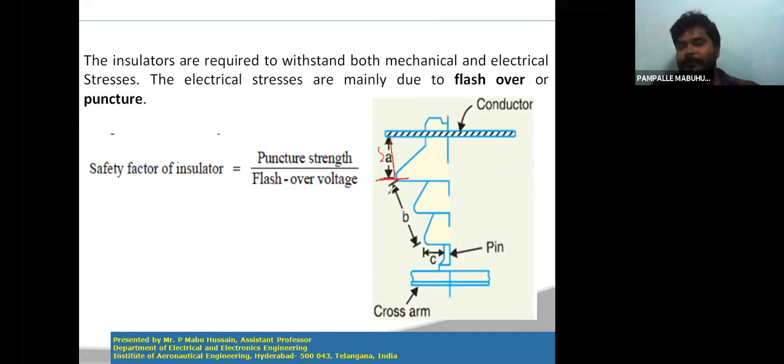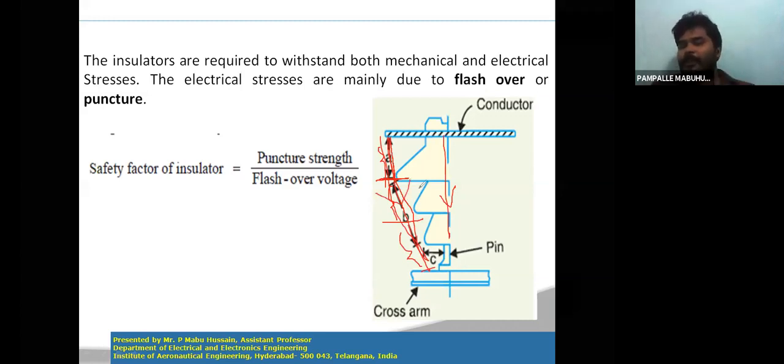This is length A, between these two is length B, and this is length C. If your atmosphere has some moisture, the spark will take this path instead of flowing inside the insulator. This is called flashover.